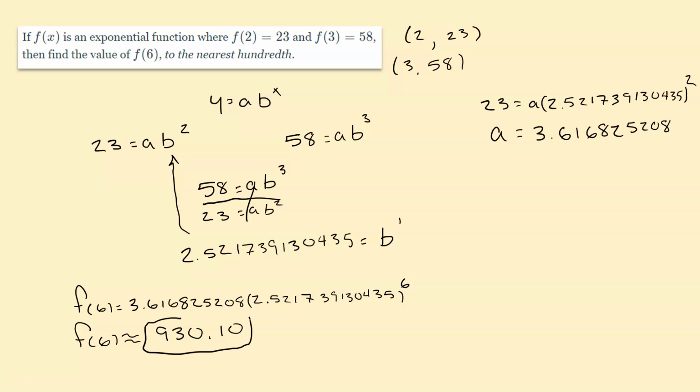So you want to save your rounding until the very end. Don't round until then, because some rounding with the b value or the a value could change this slightly to the point where you get the wrong answer. So you want to save your rounding until the very end.